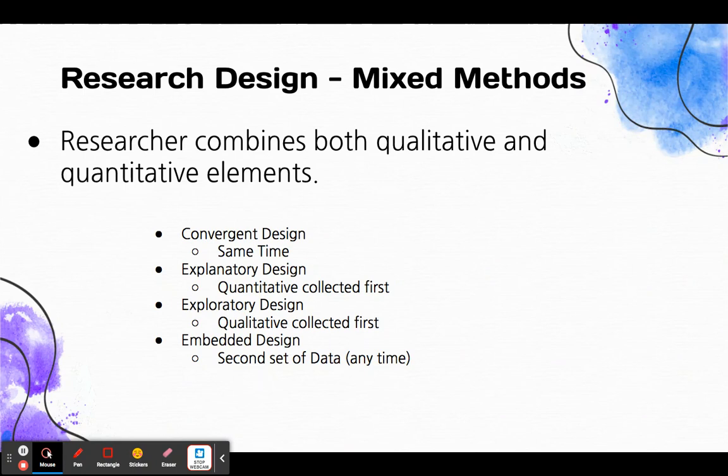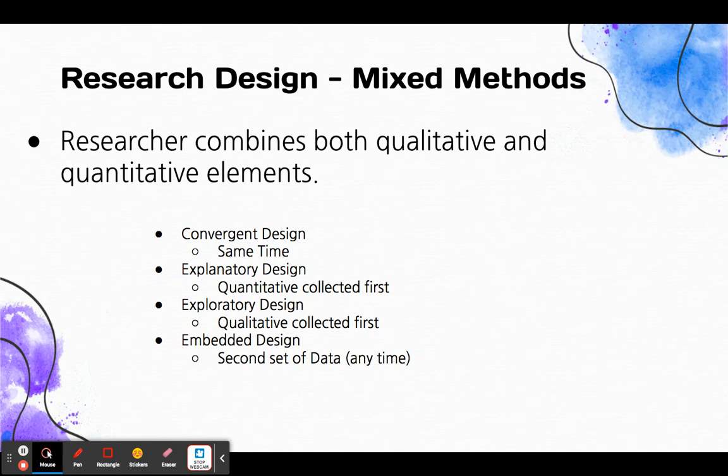There's explanatory design, which is where the quantitative research is done first, and then qualitative research is done to explain the quantitative research. Exploratory design is when the qualitative research is collected first and then the quantitative research is there to give the numbers. So that way it's not seen as very biased.